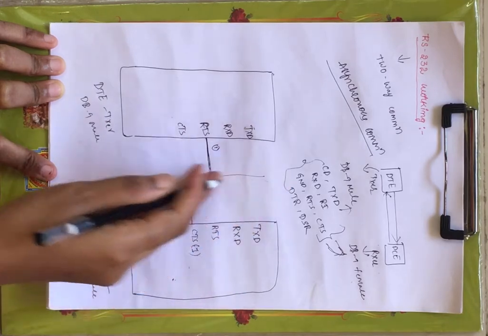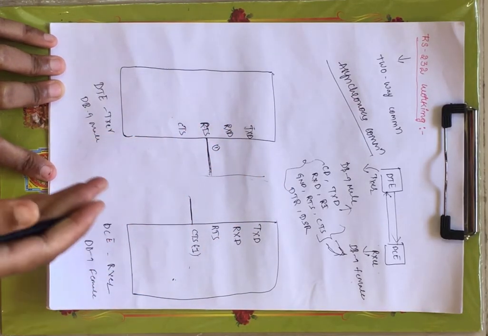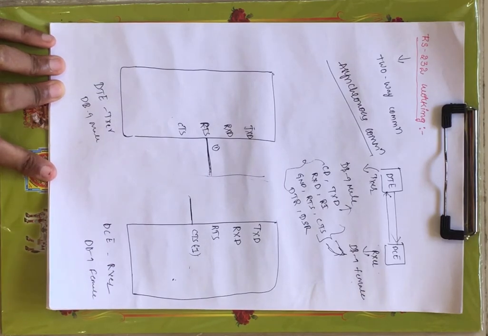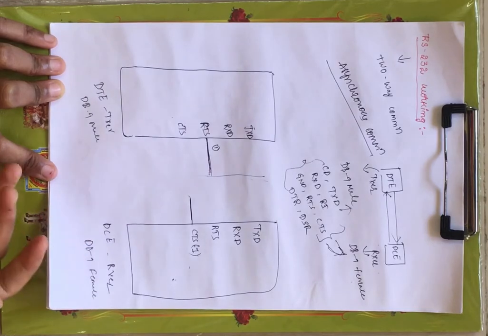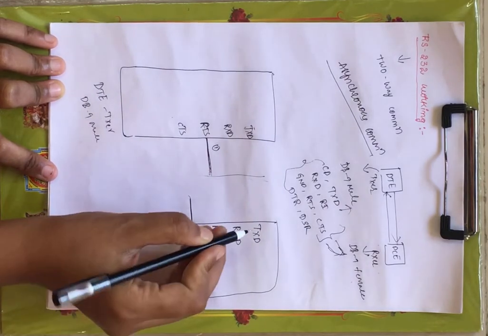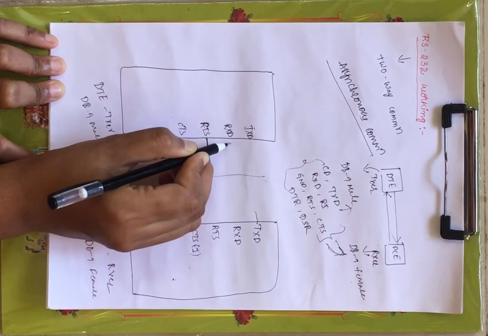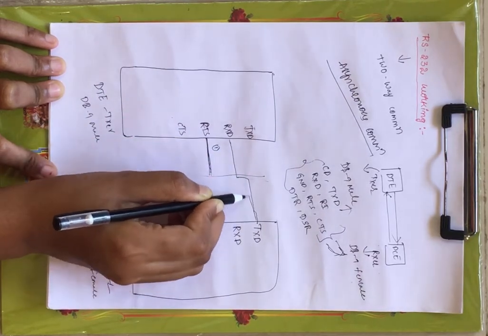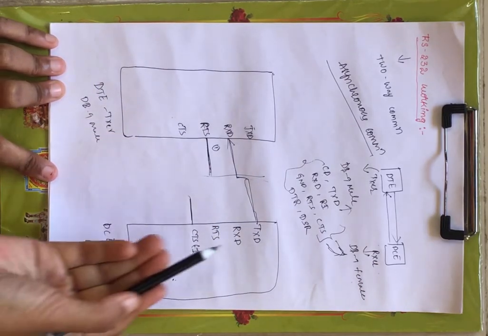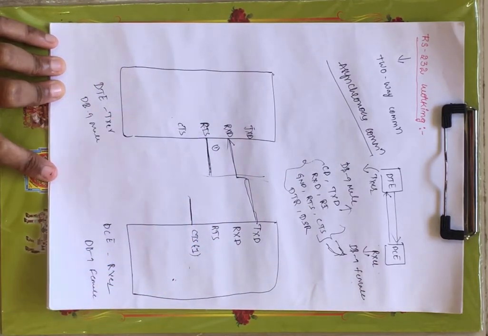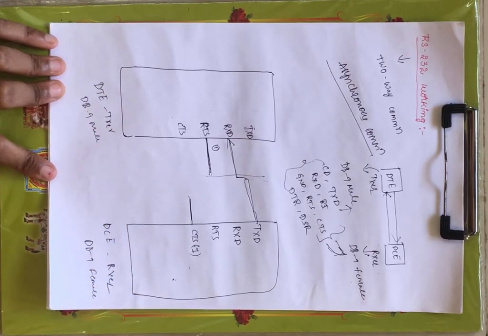That means it checks whether the path between DTE and DCE is free. Once the path is free, the data is transmitted from DCE to DTE, right? This is the first operation, right?